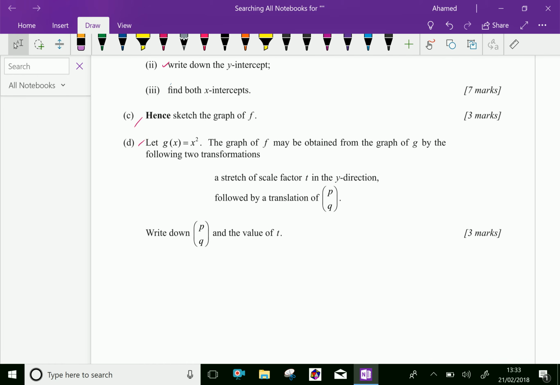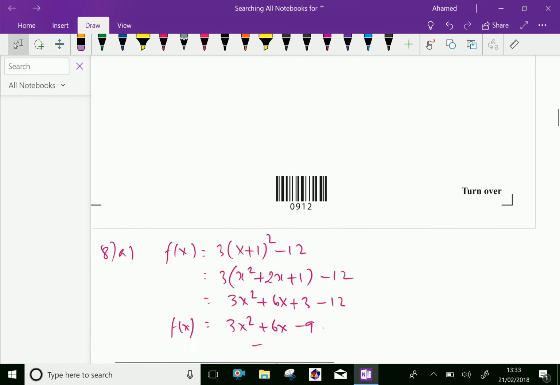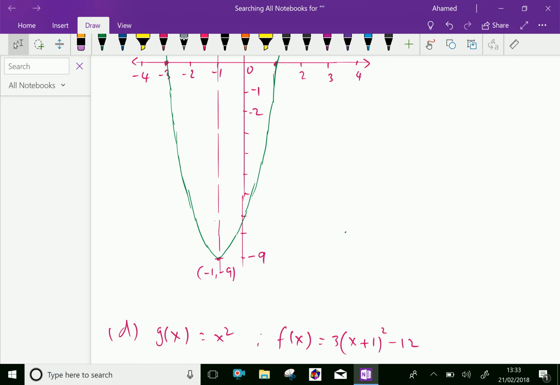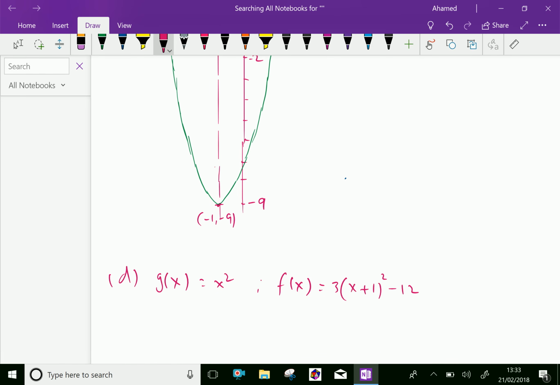Now you have to get f of x from g of x, which means we have to stretch the graph with 3 units, as well as you have to go back 1 unit on the x-axis and 12 units go downward on the y-axis.